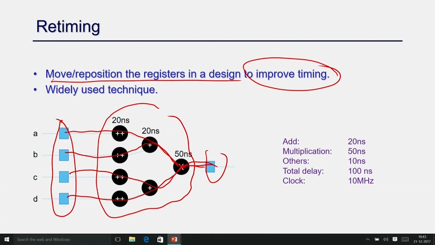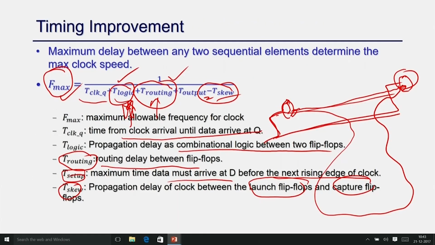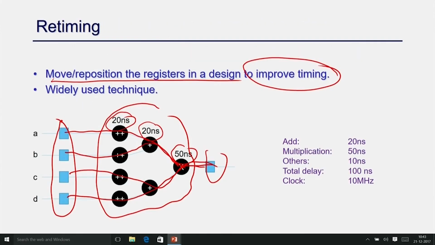And if you assume this addition is taking 20 nanoseconds and the multiplier is taking 50 nanoseconds, and the other factors like clock to Q and setup time and all those things contribute 10 nanoseconds. So, the total delay of this critical path is 100 nanoseconds, right.